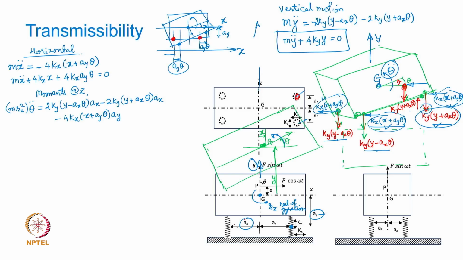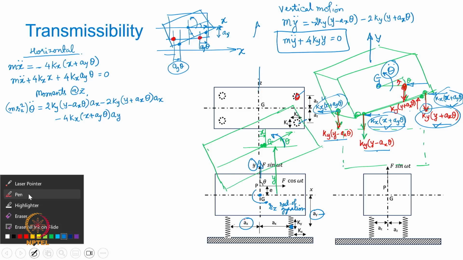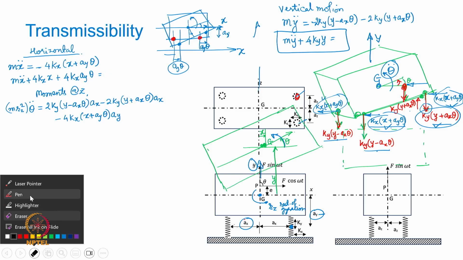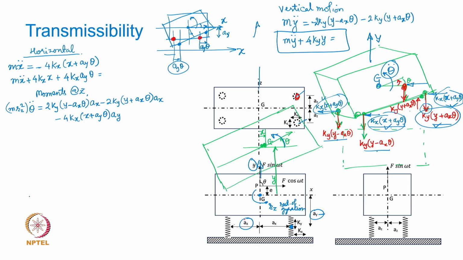Now what we have not accounted for is the external force. So if I include the external forces, then the governing equation of motion, considering the forces also, is going to be, in the vertical direction, this force acts, so F sine omega t.